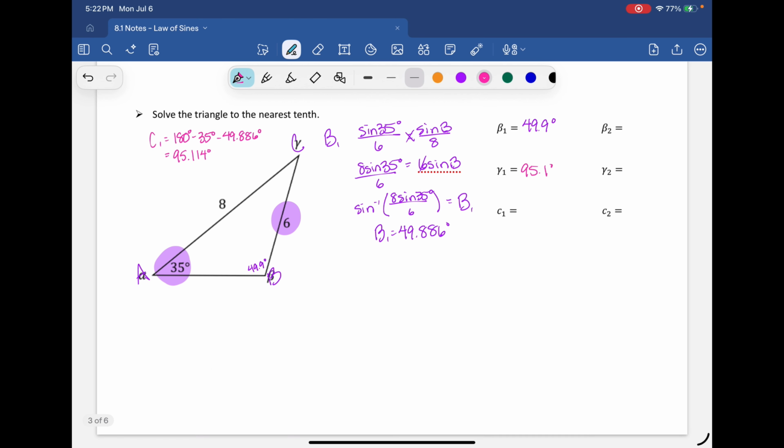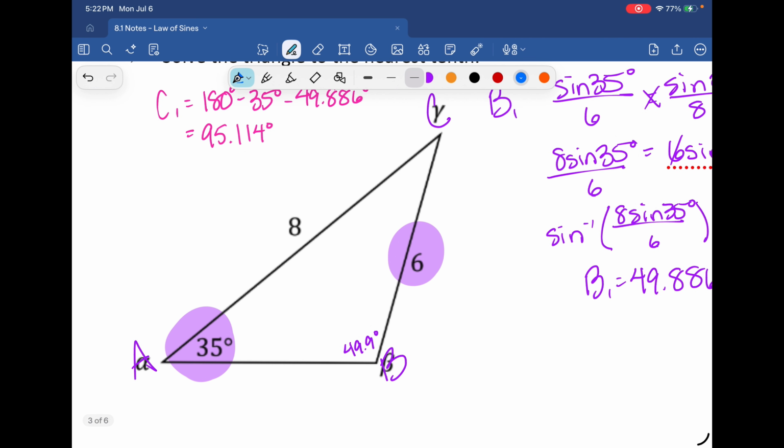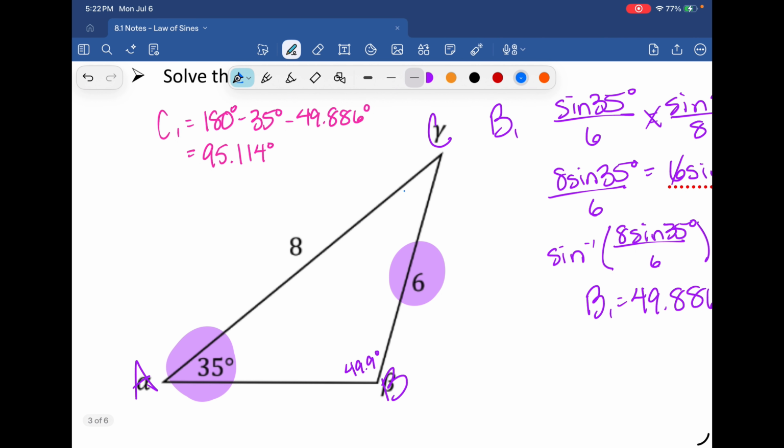All right, all that's left is our missing side, C. All right, well, I just found angle C, 95.114.